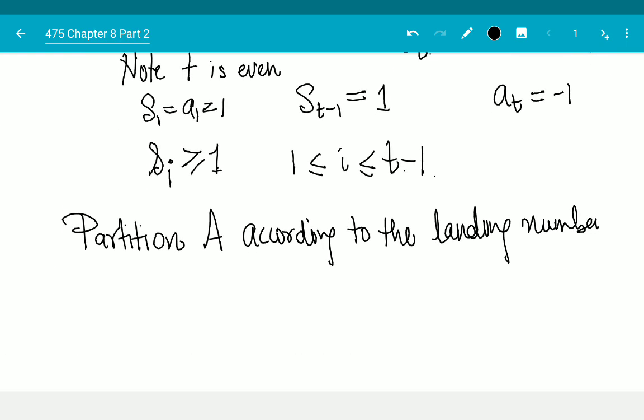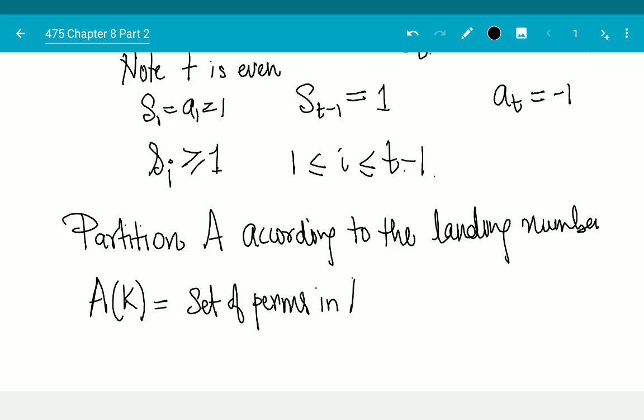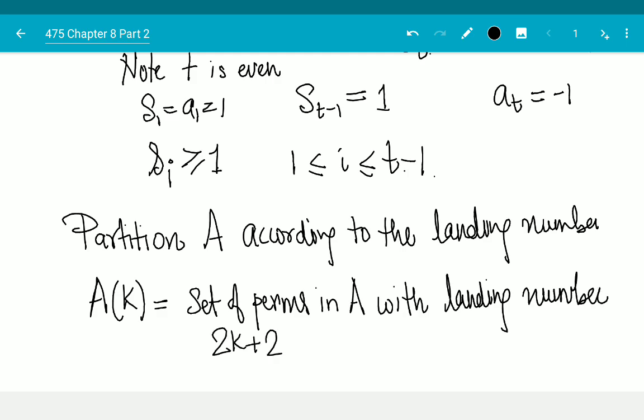And so we are going to say let Ak be the set of permutations in A with landing number 2k plus 2.